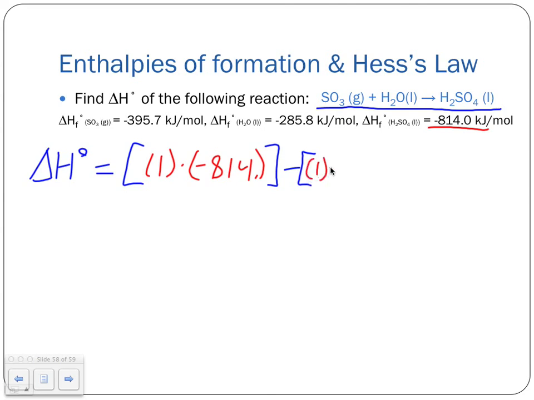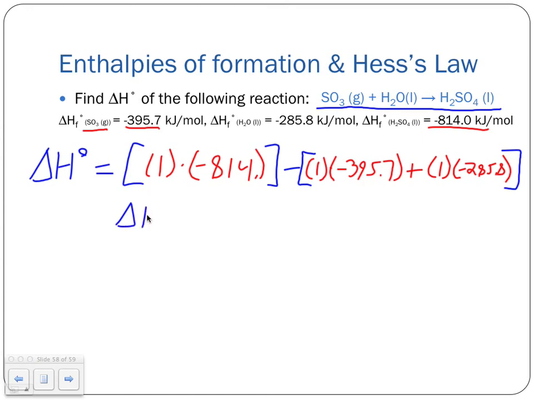So we put a 1 times SO3, which according to this, in standard state is negative 395.7. And so plus, because we're doing a summation here, the water, once again a coefficient of 1, and then negative 285.8 still. And so now we can go ahead and close these brackets off and do our math.